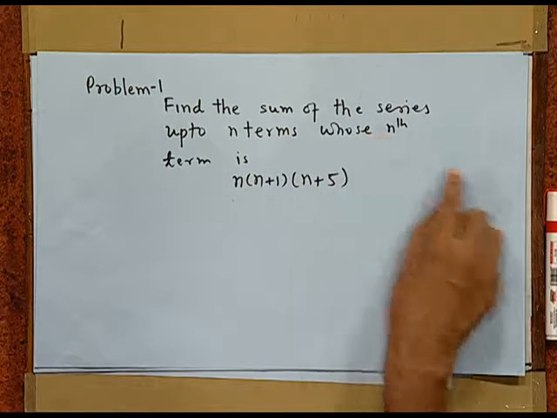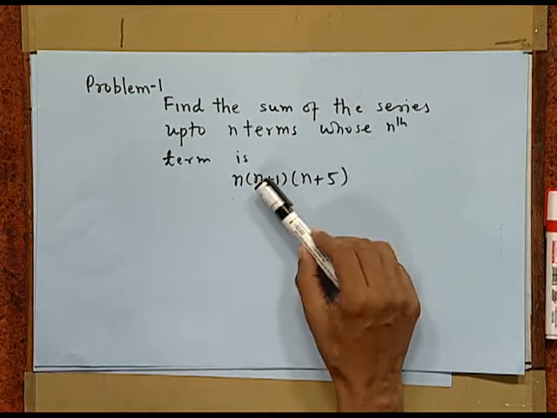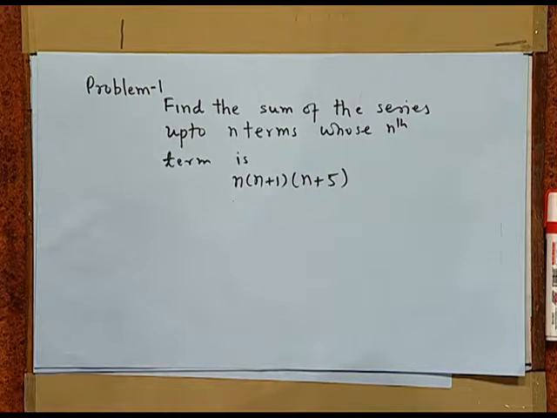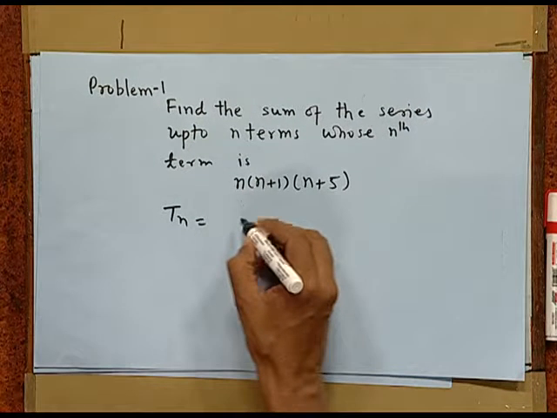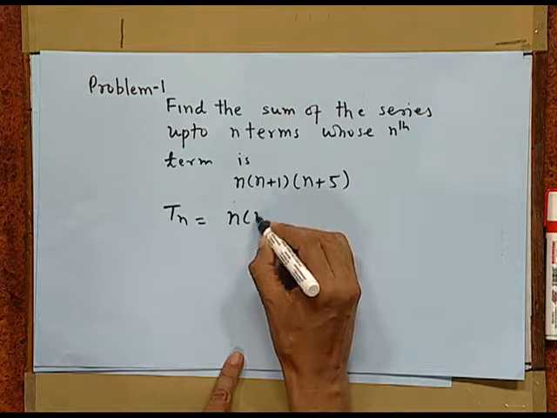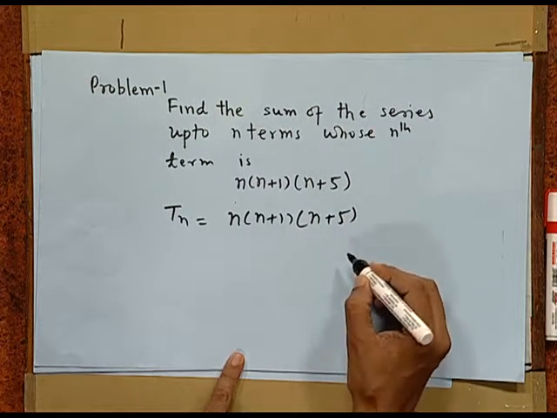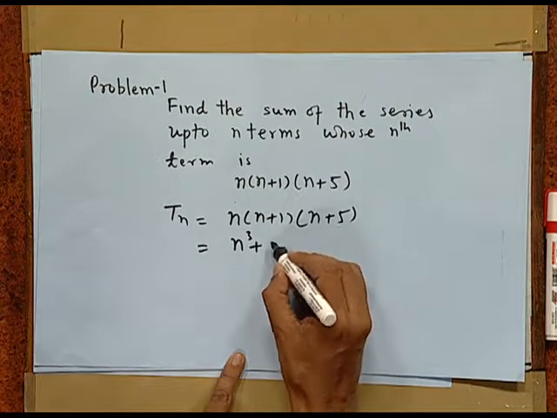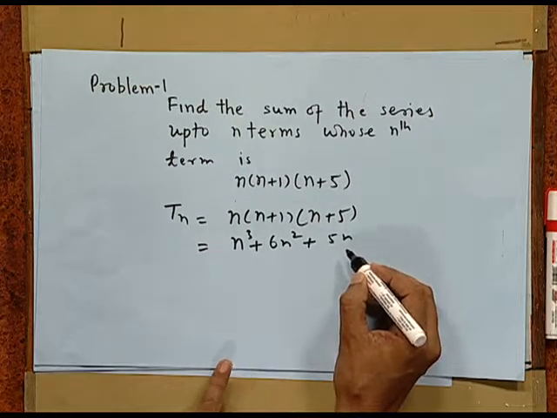Find the sum of three series up to n terms whose nth term is n times n plus 1 times n plus 5. So, in this problem the nth term is given to us. So, we have T n is equal to n times n plus 1 times n plus 5, which equals n cube plus 6 n square plus 5 n.